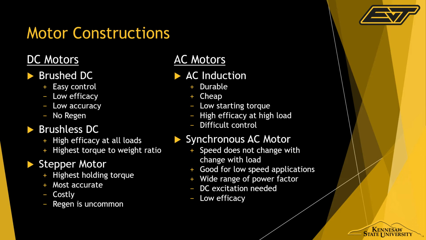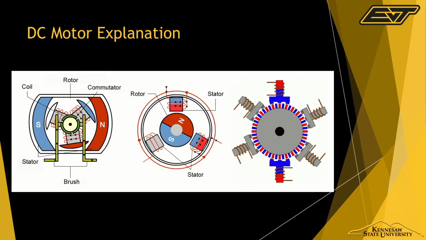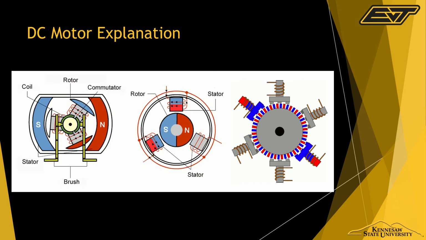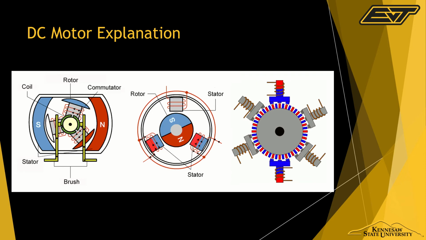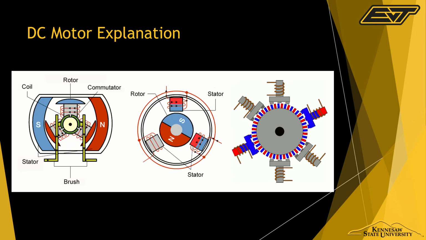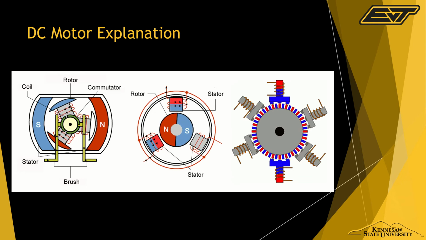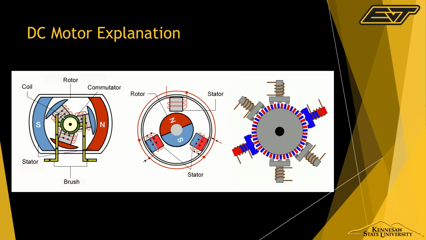So a brush DC motor, if I go on to the next slide, is on the far left. Basically you have brushes on the commutator that go to contact patches.